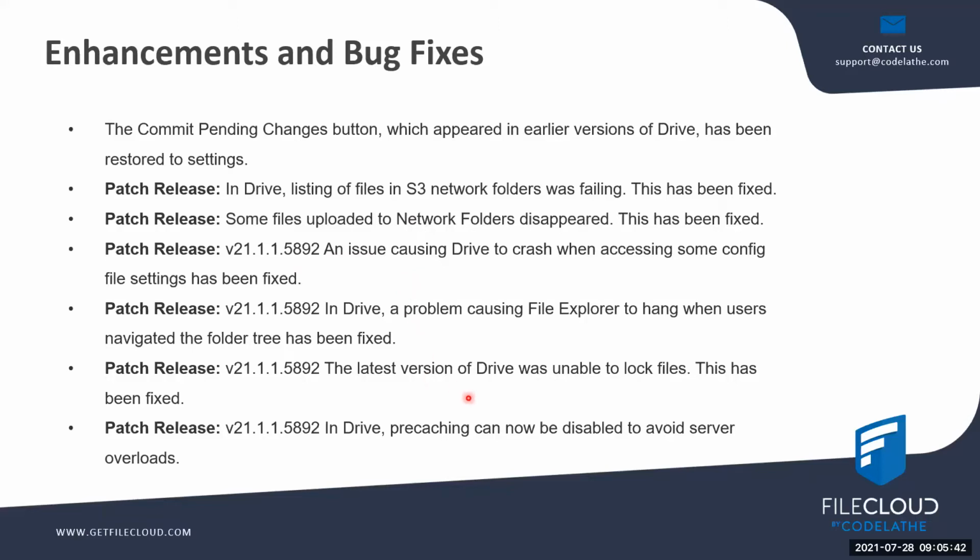There was also an issue with unable to lock files. This was fixed, and we've also introduced the ability to disable pre-caching. This can be done on both the server-side configuration and the local configuration for FileCloud Drive.